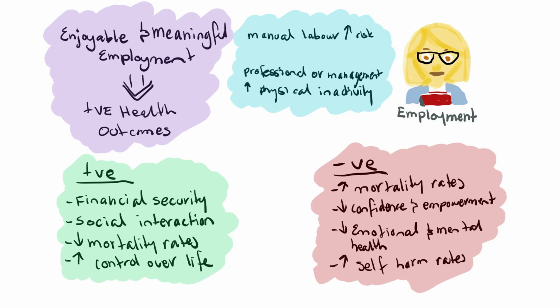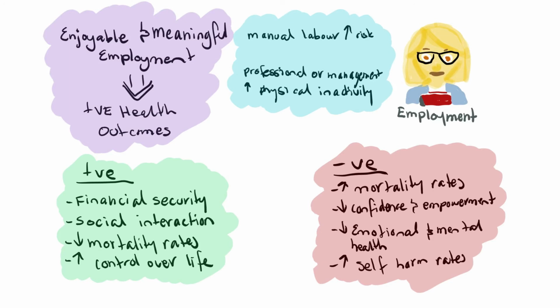Now, when we look at employment, there are certain groups or certain types of employment who have different risks in relation to health. If we look at employment such as manual labour or people who are operating heavy machinery, farmers, that sort of thing, they've obviously got an increased level of risk in their life and are more exposed to accidents and machinery incidents.